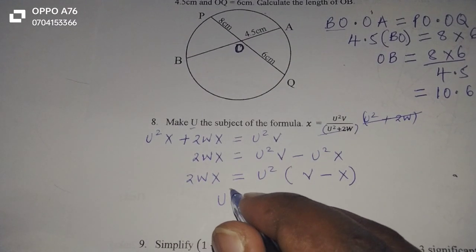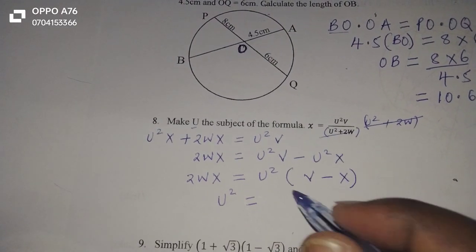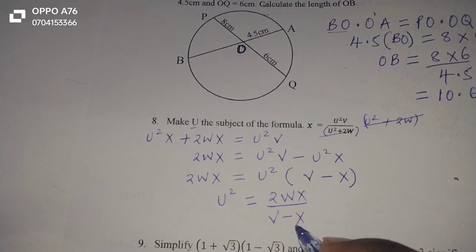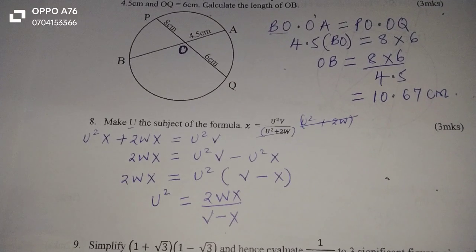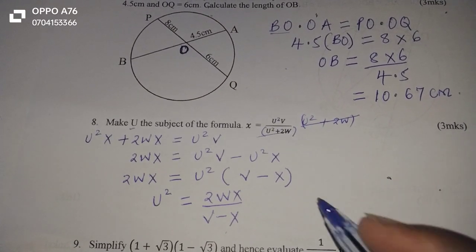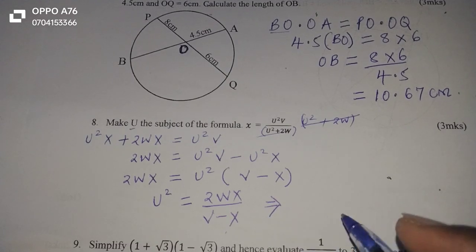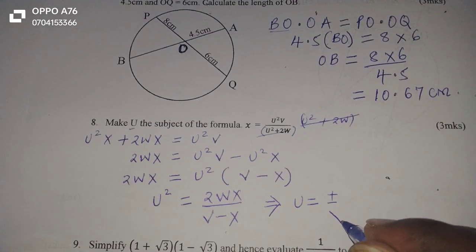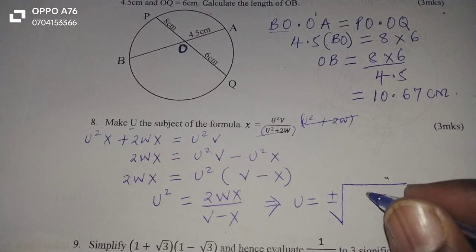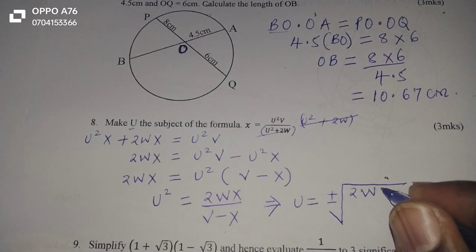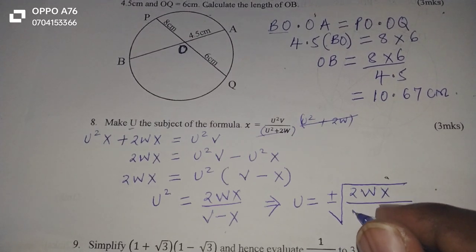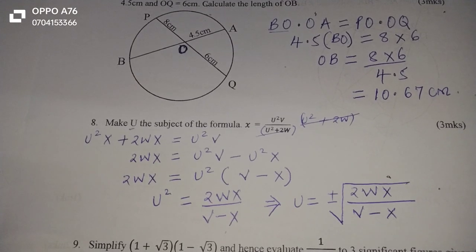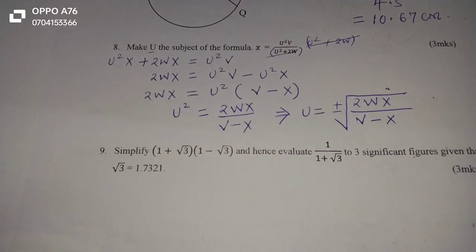So to remain with U squared, we can divide through by its coefficient so that we have 2WX divided by V minus X. Then now that we have a U squared, yet what we want is letter U. Then to remain with U, we have to take square root both sides. So the square root is either plus or minus the square root of this other value, which is 2WX divided by V minus X. So that is the subject of the formula now in terms of U.